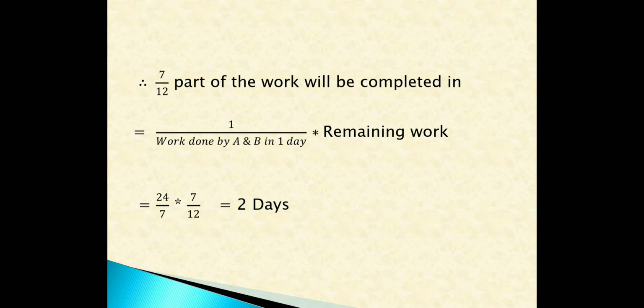The work done by A and B in 1 day is given by 7 upon 24. So when you do 1 upon 7 upon 24, effectively you will get 24 upon 7 multiplied by 7 upon 12. So when you solve this, you will get the answer as 2 days.